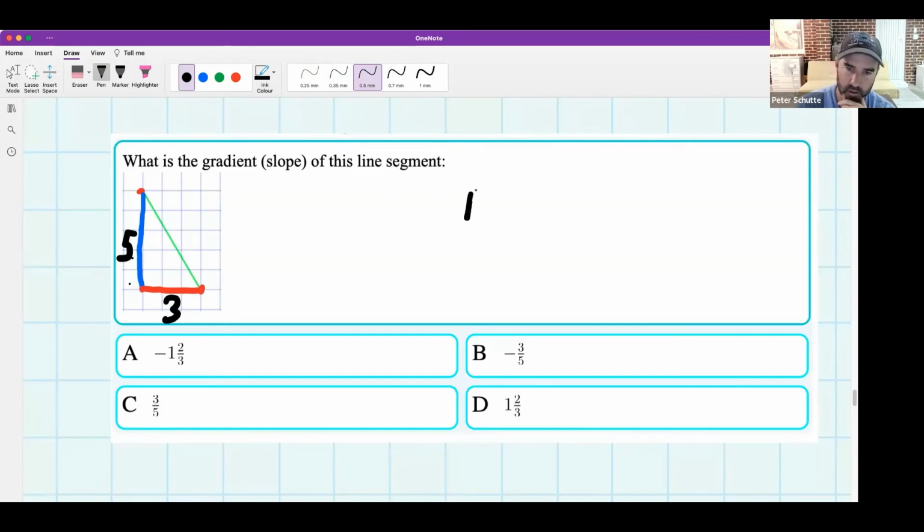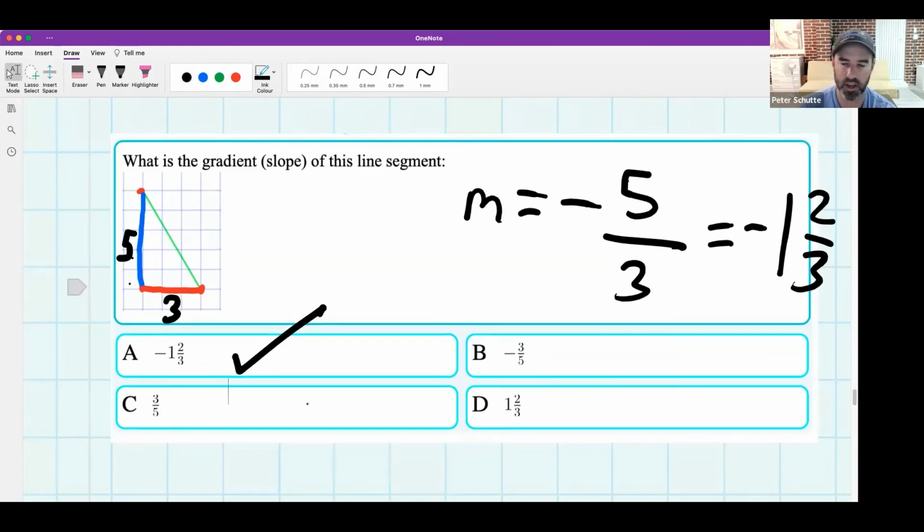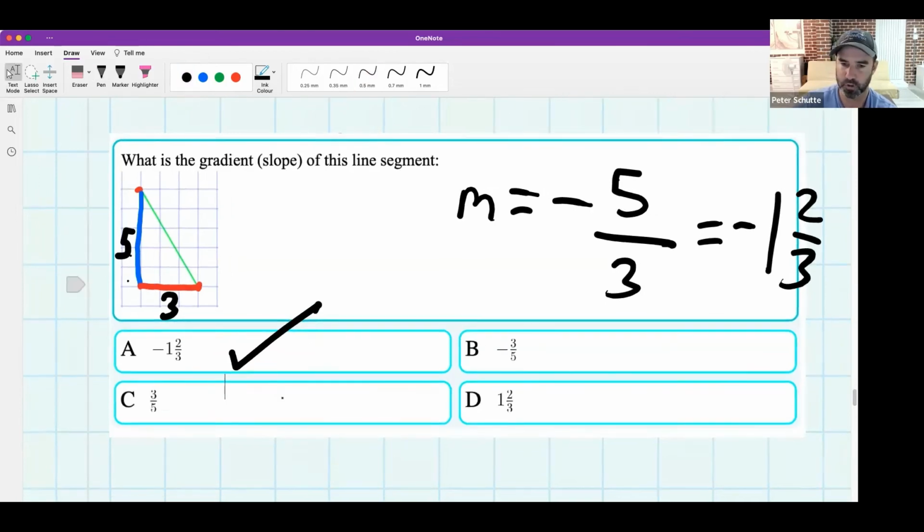So the gradient here is going to be negative, but remember which one has to be on top. So this is a sneaky one. Okay, the 5 must be on top and the bottom must be 3, but I don't see any 5/3s here, but this is an improper fraction. So this is -1 and 2/3. Is there a -1 and 2/3? There's A. Cool.